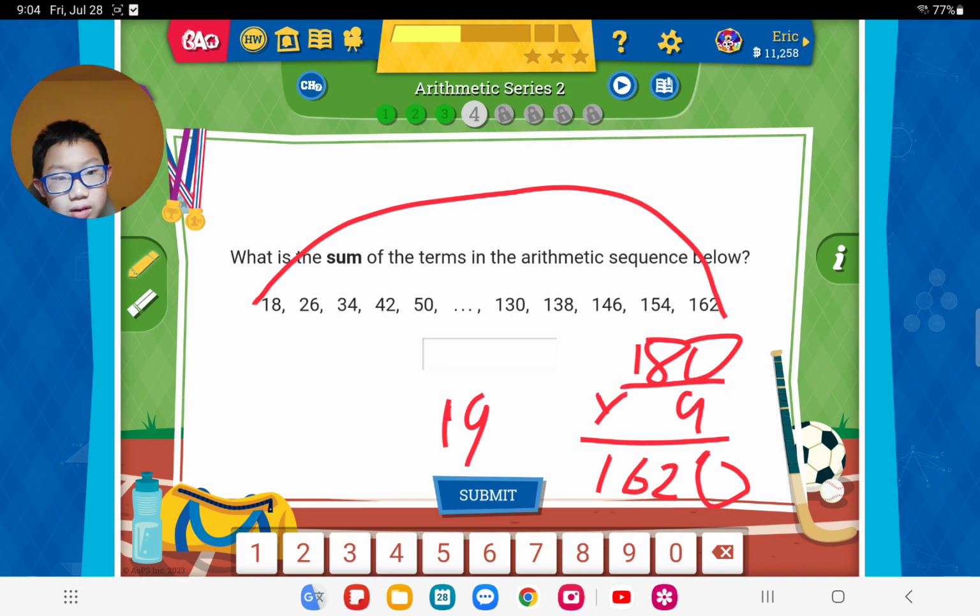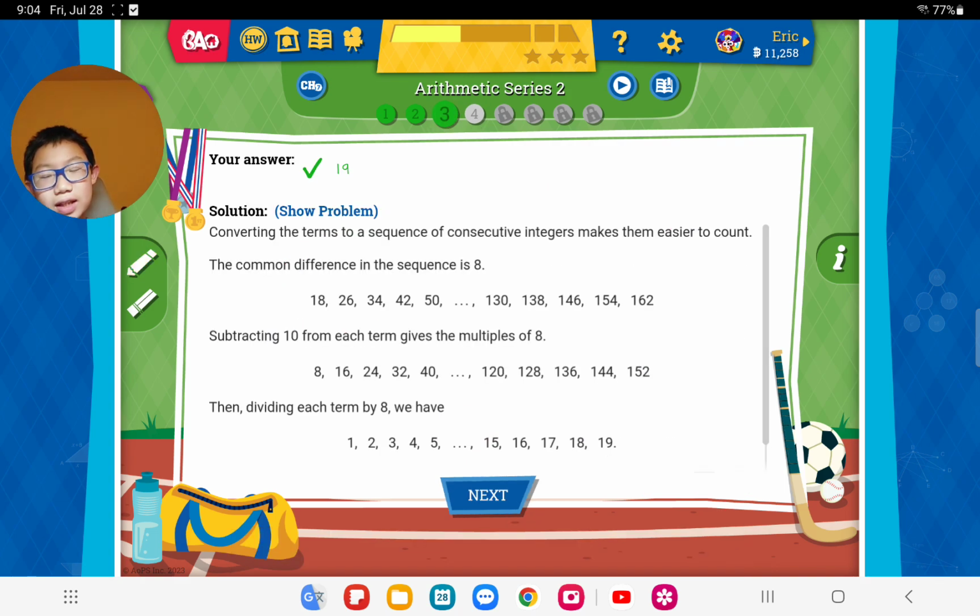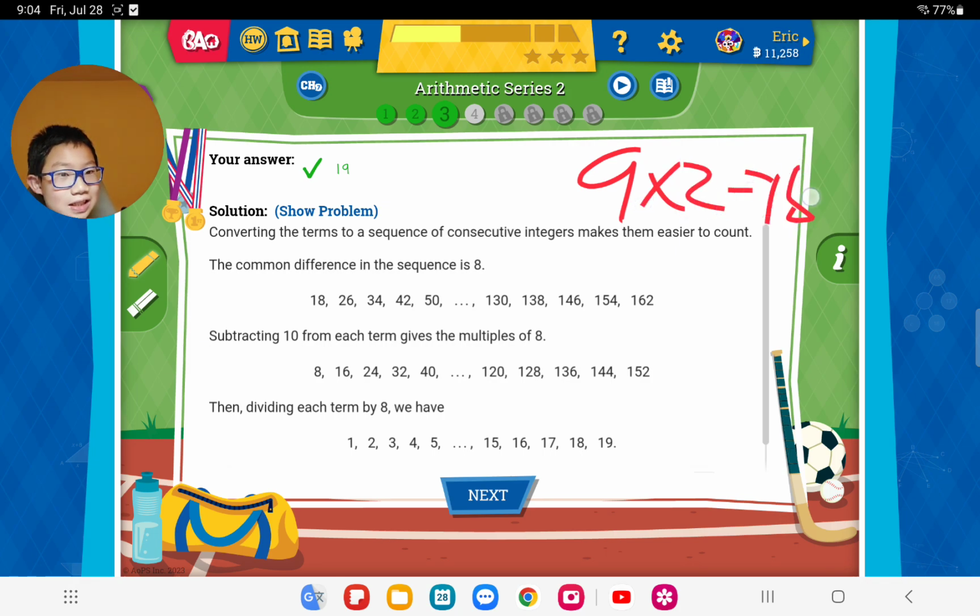How do you get this 180? From those two added together. What times 9? Because there are 19 numbers. So we need to make them the biggest pair. So the biggest pair was 18.